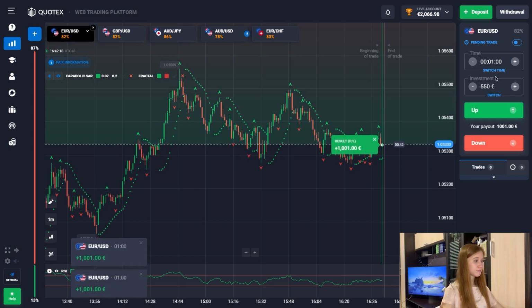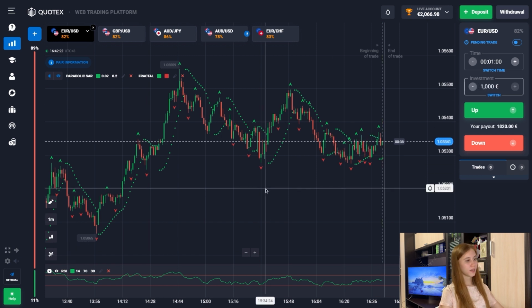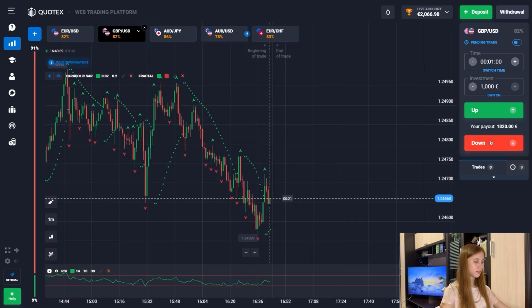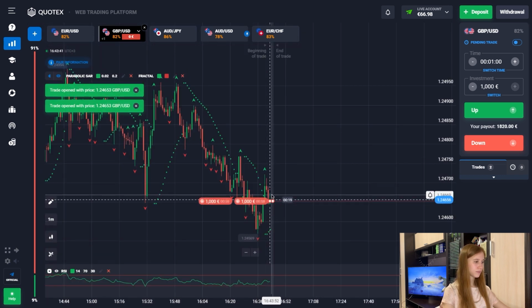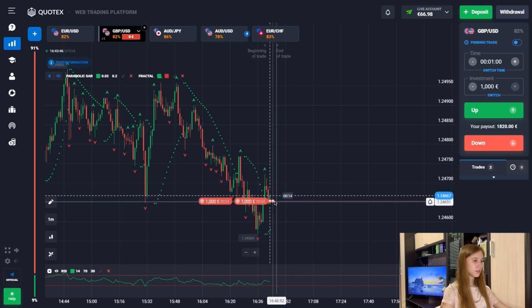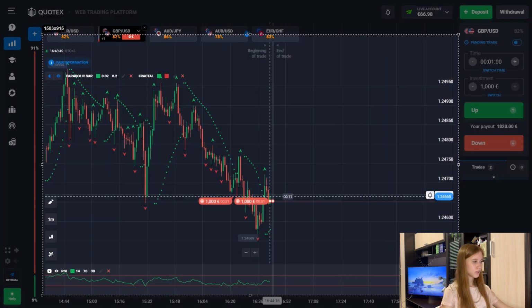So we take the deal in plus, and now we'll open 2 deals for 1,000 euros. We didn't have time to open here, unfortunately. I don't like this position. We had to open here. That is, as I started to open deals, I hurried a little and the price corrected at the very second.